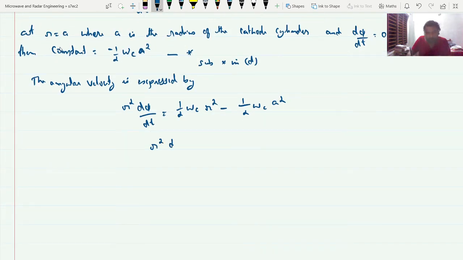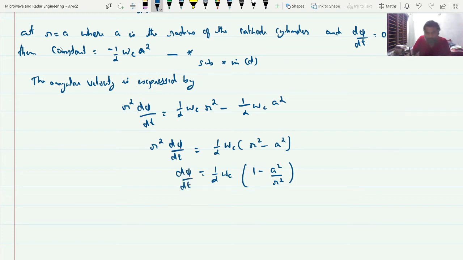Now r square d phi by dt is nothing but 1 by 2 omega c (r square minus a square), which is 1 by 2 omega c times r square times (1 minus a square by r square). So bringing this over, d phi by dt can be written as 1 by 2 omega c times (1 minus a square by r square). I think it is clear for you people.